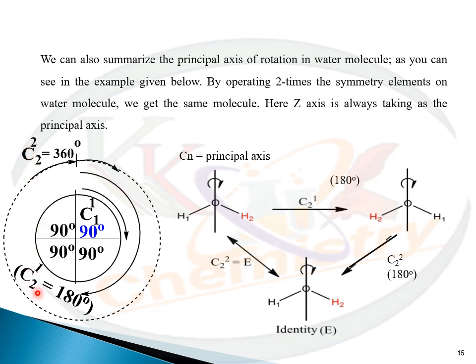C2-1 means one 180 degree rotation, and C2-2 means two times 180 degree rotation has been performed. So this is the same thing as previously discussed. Here the z-axis is taken as the principal axis.